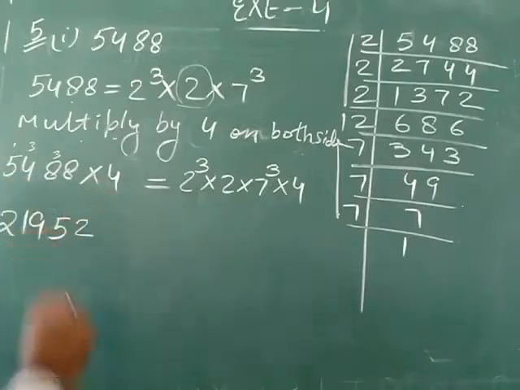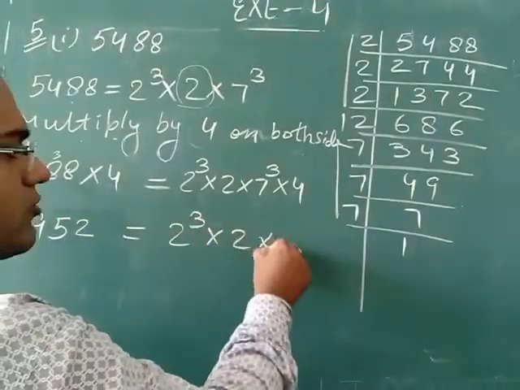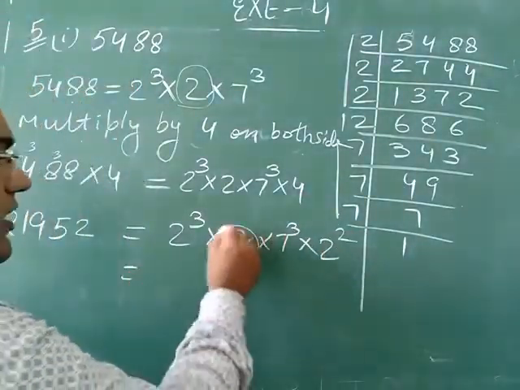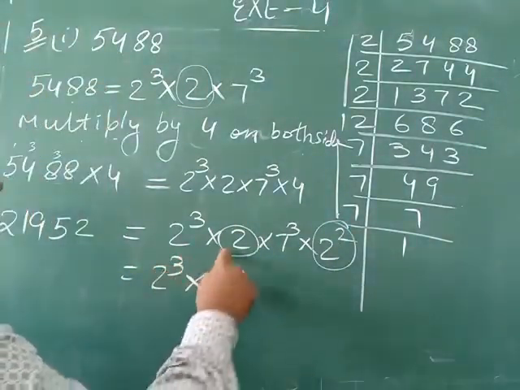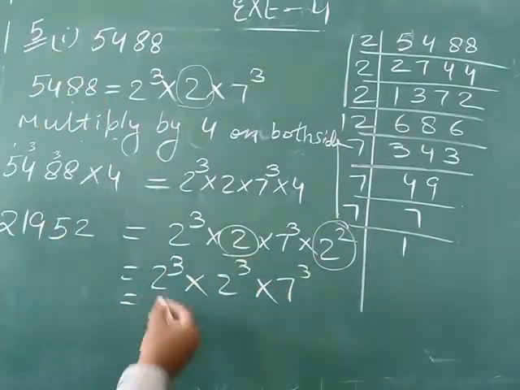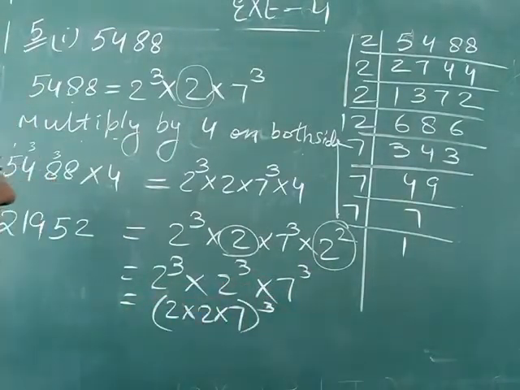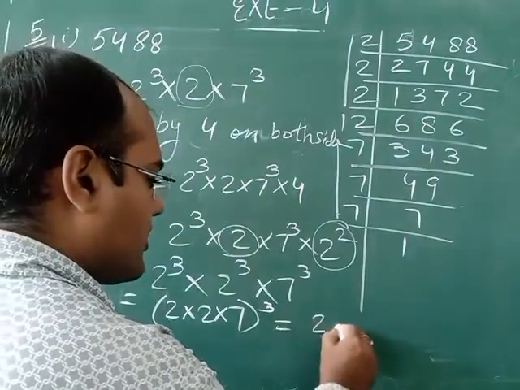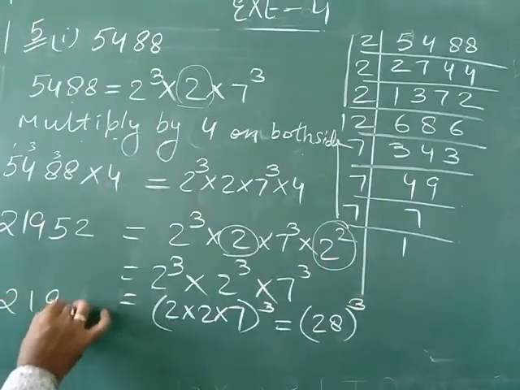So on multiplying these two numbers we will get 21,952. That is 2 power 3 into 2 into 7 power 3 into 4. Removing the 4, you will write 2 power 2. Now this and this together make 2 power 3. So one 2 power 3 is here, these two together make 2 power 3, and this is 7 power 3. That means all have power 3. So you will write 2 into 2 into 7, with the whole power 3. 7 twos are 14, 14 twos are 28. That means 28 power 3. So 21952.